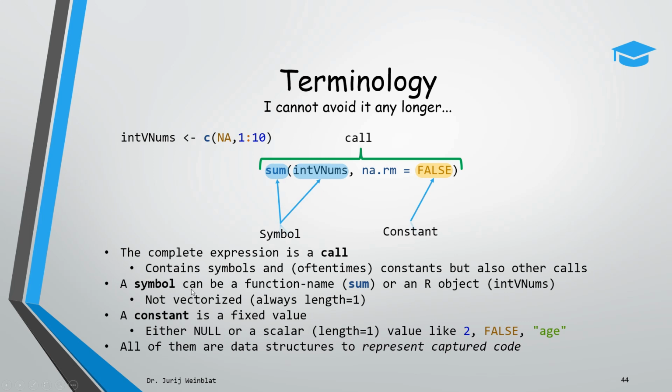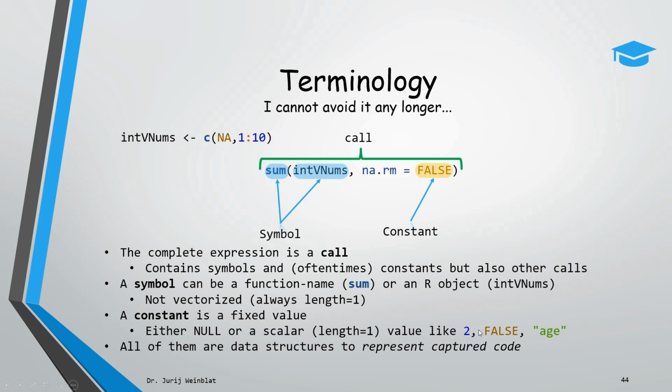In addition to constants, there are also symbols, and there are 2 types of symbols. One type of symbol is the actual name of the function. In this case, it's sum, and also this object is a symbol. It's a symbol in both cases because it's not directly stated as a constant, so you can't see what's inside.